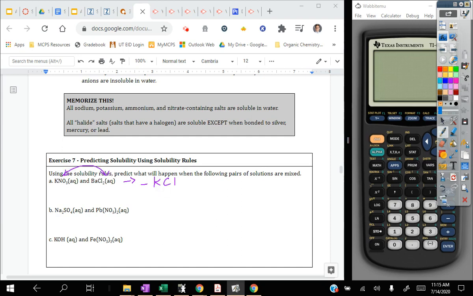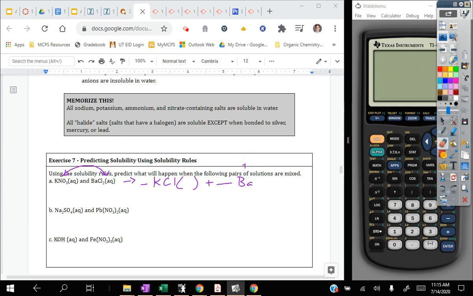So to do this, I need to check my charges. I see +1, -1. Those are balanced, so the correct formula when potassium bonds with chlorine is KCl. I'm going to open up some parentheses and leave some space there for my phase designations. Then I have barium, which is a +2 charge.